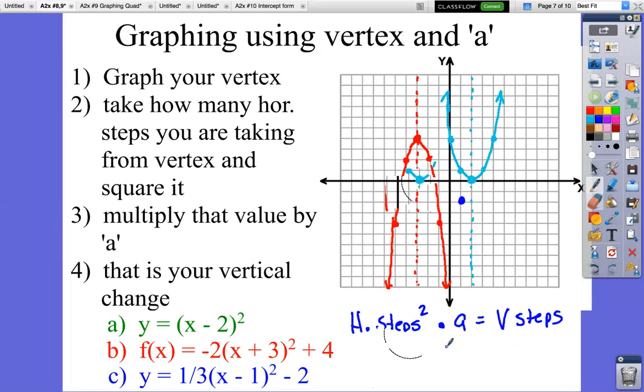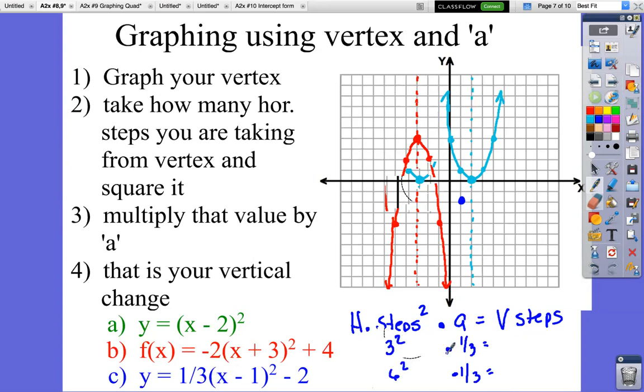My A value is 1/3. So how many horizontal steps do you think I should take? I definitely don't want to take one or two. So how many should I take? Anyone? 3 and 6. Perfect.